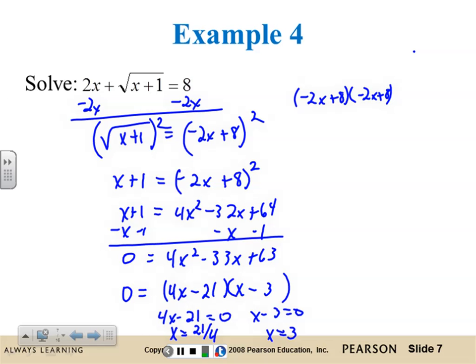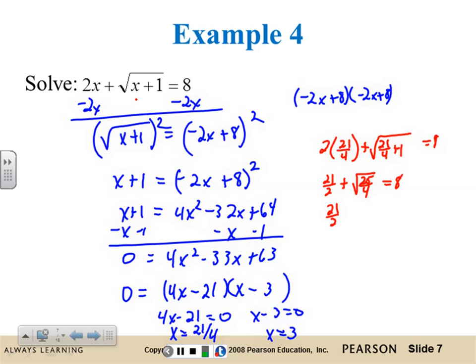And again, check your solution. So if I plug 21 over 4 in, watch what happens. I'm going to have 2 times 21 over 4 plus the square root of 21 over 4 plus 1. And we want to know, does that equal 8? Well, so I'm going to have 21 over 2 plus the square root of 25 over 4, and we want to know, does that equal 8?